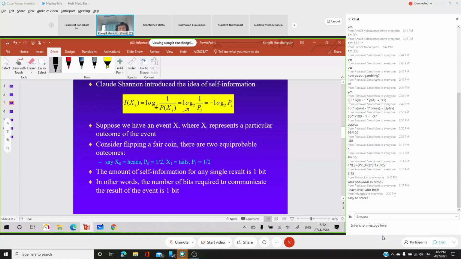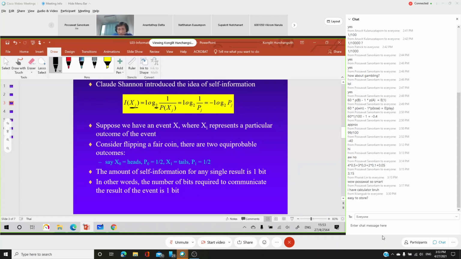And then if we move p up, we have to put the minus in front. So the self-information of an event, like the information for head or tail, for example, is going to be minus log base 2 of 1/2. So that's how they measure it.